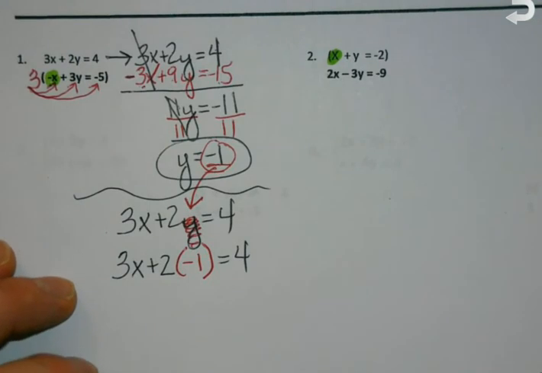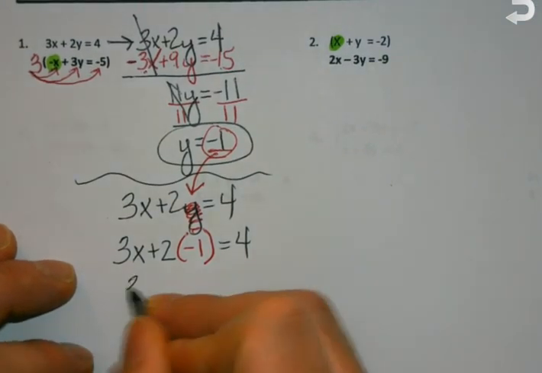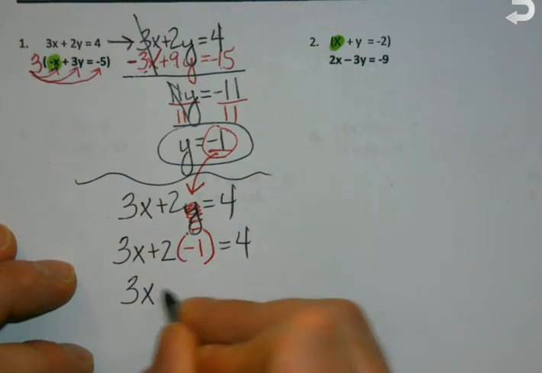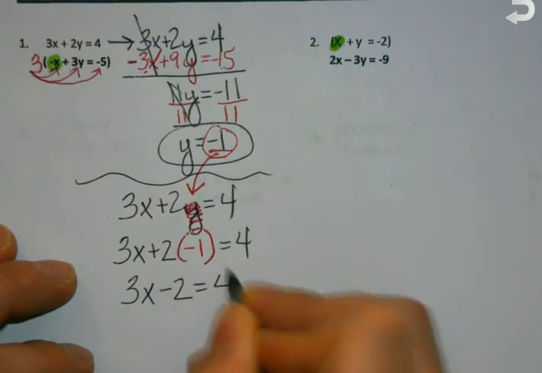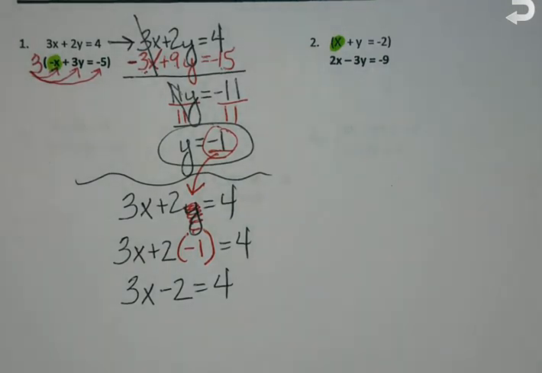And that's going to become an equation, a regular old two-step equation that I can work with. So what we're going to do is we're going to end up trying to solve this now for x.